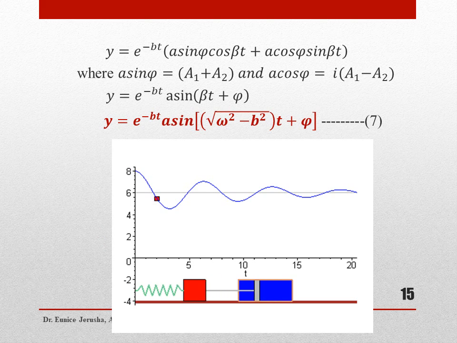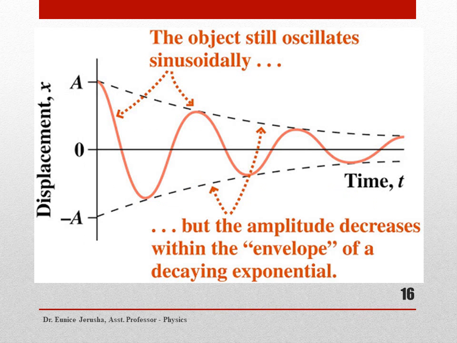The animation shows that we have a sinusoidal wave, but the amplitude of the sinusoidal wave continuously decreases with time. From the figure shown here, it is very well observed that there is a contribution from the exponential term given by this curve.